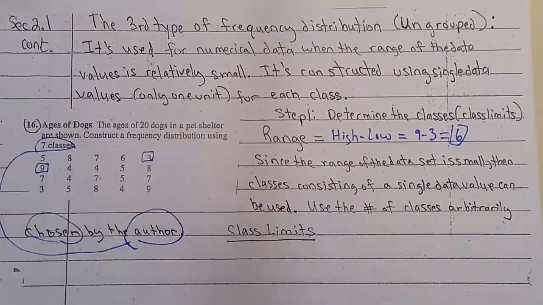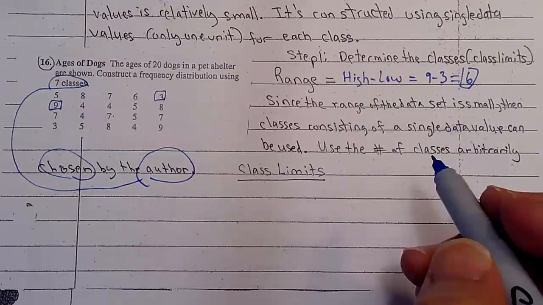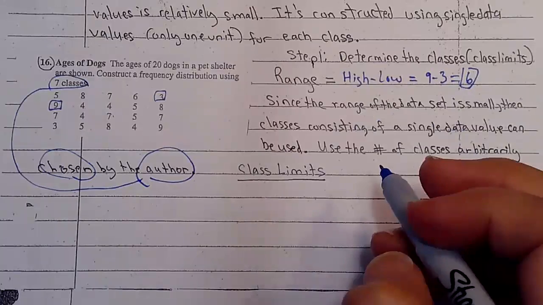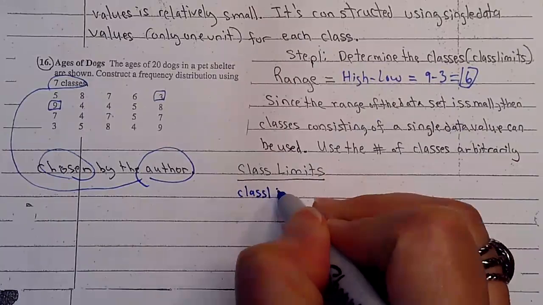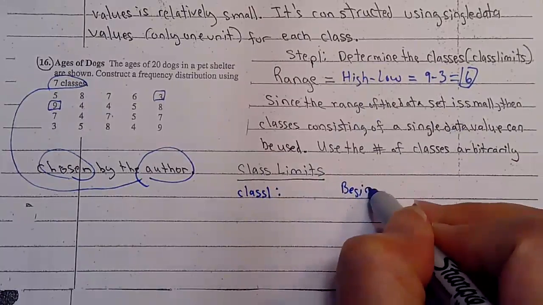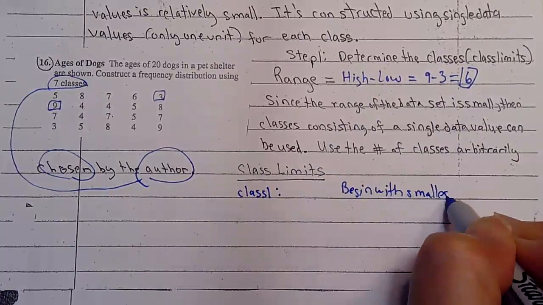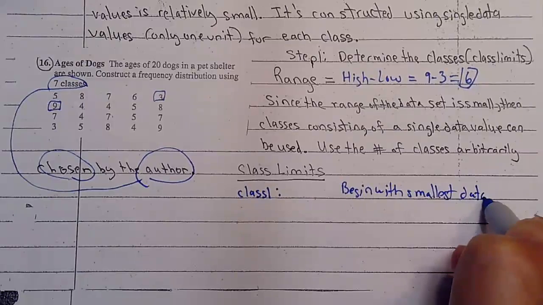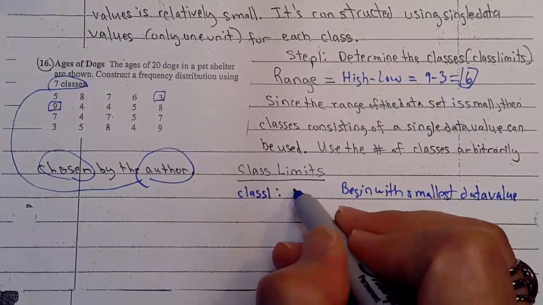So when I start the class limits, under class 1, I begin with the smallest data value, which is 3.